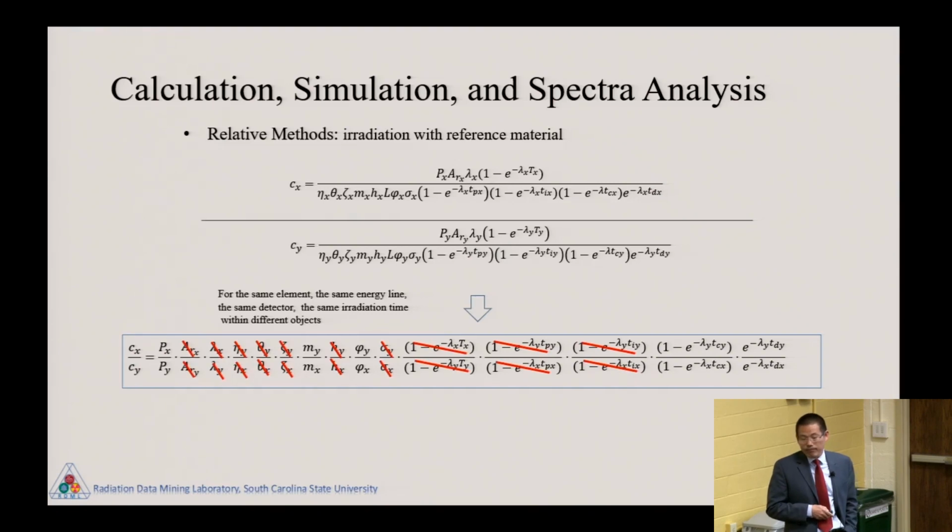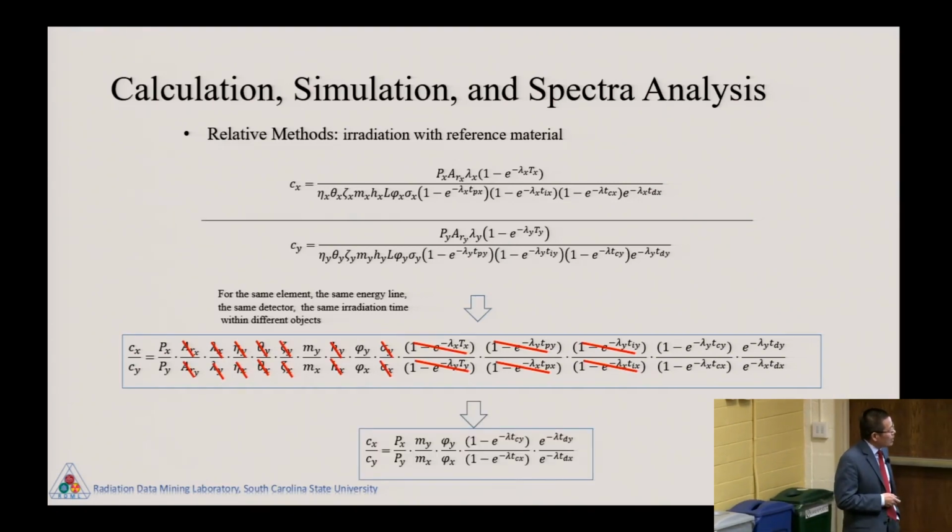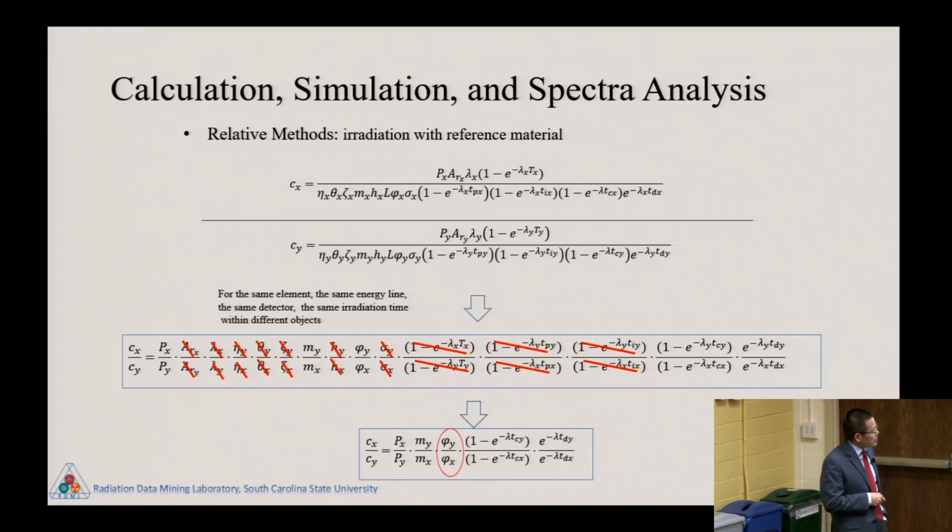They are the same. Then your equation becomes simple. In this simple equation, the only thing you do not know is the flux ratio. What's the flux ratio of your sample and reference?